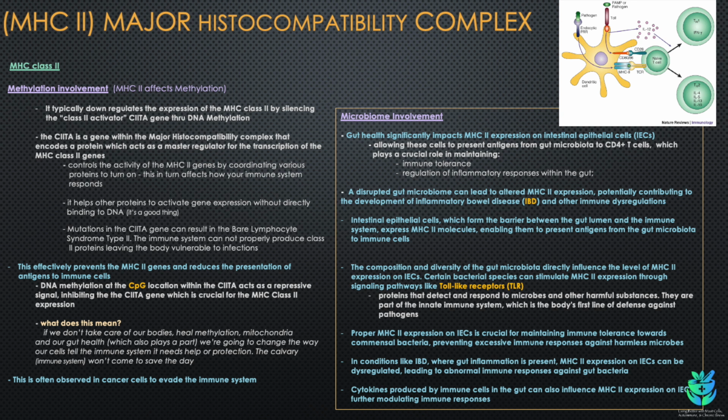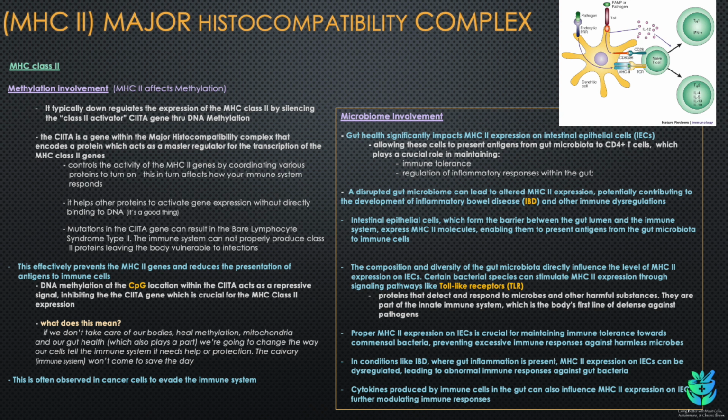Proper MHC2 expression in intestinal epithelial cells is crucial for maintaining immune tolerance towards commensal bacteria, preventing excessive immune responses against harmless microbes. In conditions like IBD, where gut inflammation is present, MHC2 expression on the intestinal epithelial cells can be dysregulated, leading to abnormal immune responses against gut bacteria.